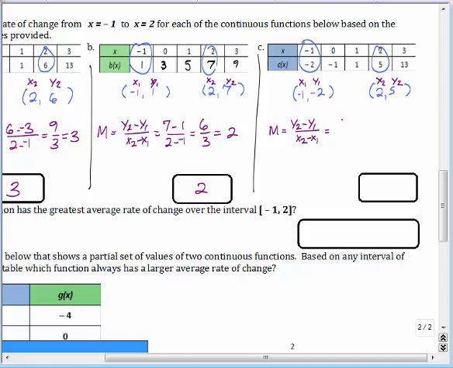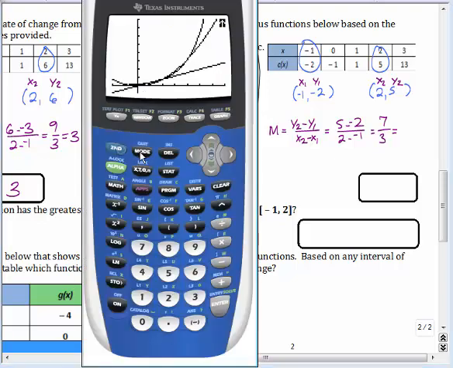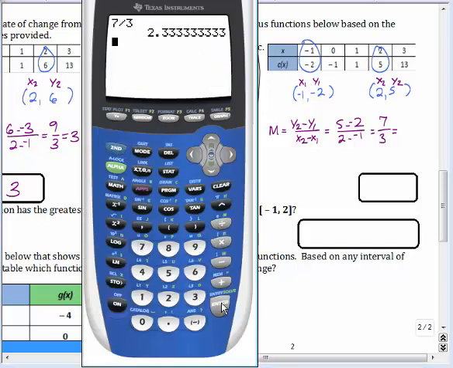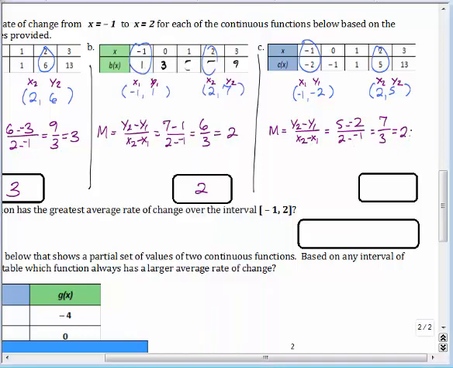So that's going to be equal to 5 minus -2 over 2 minus -1. So 5 minus -2 would be 7 over 2 minus -1, which would be 3. And 7 divided by 3 is basically 2.3 repeating, but again you can use your calculator if you like. So you can see I get 2.3 repeating.